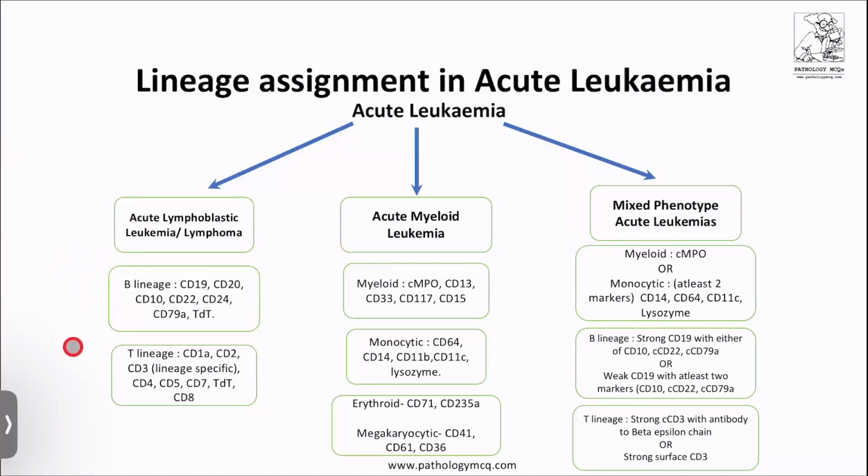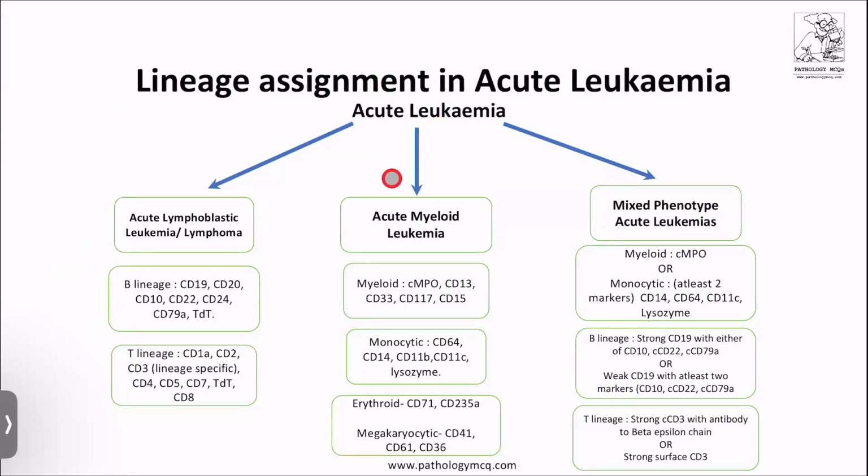For B lineage, we have to see the presence of CD19, CD20, CD10, CD22, CD79a, TdT. And when we are calling it T, we have to look for CD2, CD3, CD4, CD8, CD5, CD7, TdT, and CD1a. On the basis of these markers, we can classify acute ALL into B-ALL or T-ALL.